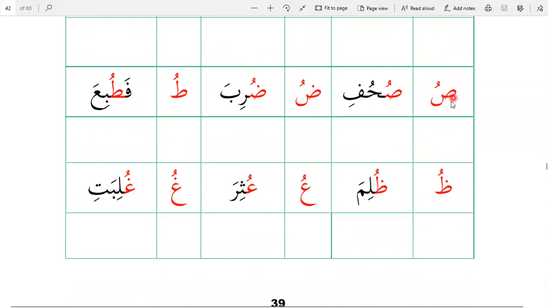Right? So probably in the beginning, in your head, you're still probably saying first sa, but then you look at the accent and you make it su. Sa, but no, it has Dammah. Su. Ha with Dammah, hu. Fa with Kasrah, fi. Su, hu, fi.